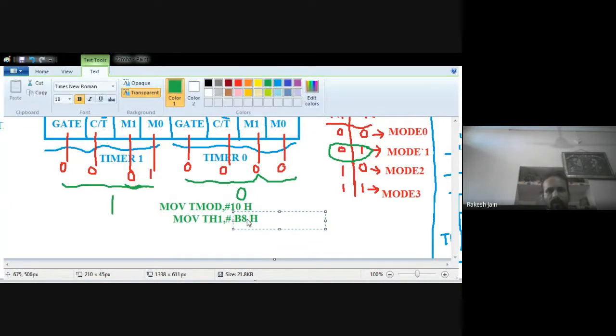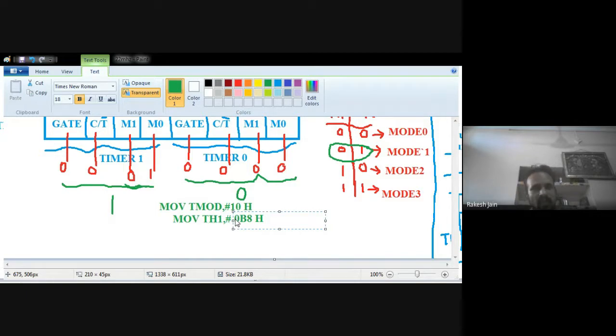Now remember one thing: whenever we upload any direct value into the timer register, if immediate addressing mode is used, that value should start with a numeric digit. Here it starts with B, that is a letter, not a numeric digit. That's why we use 0 over here. If a numeric digit were there, instead of B8 if it were 8B, then we could write it directly, no problem.